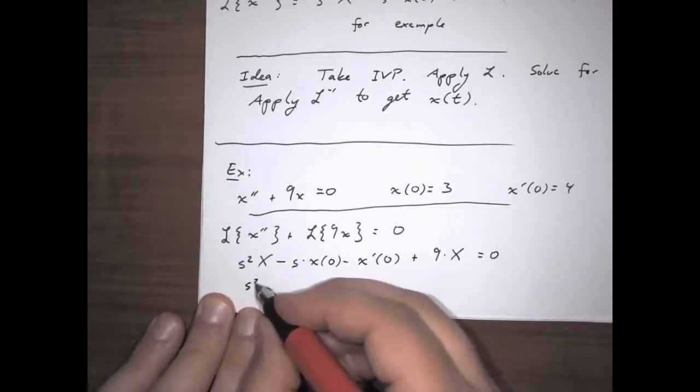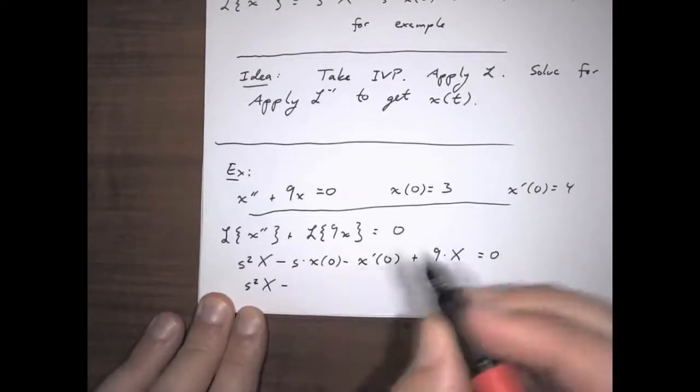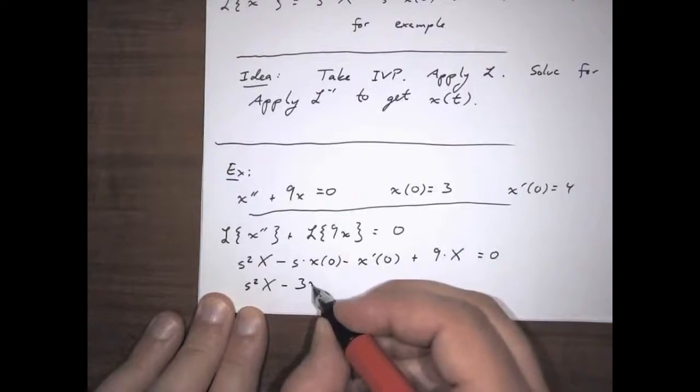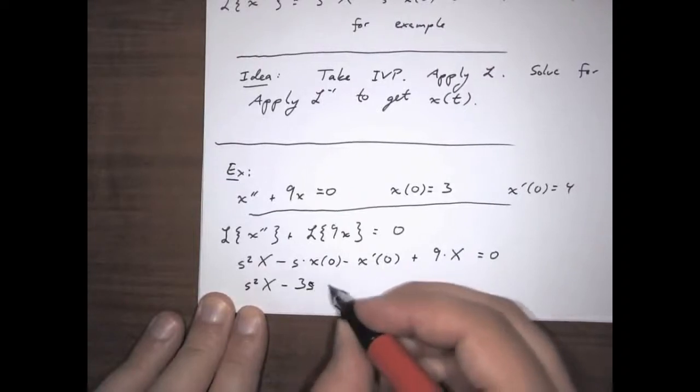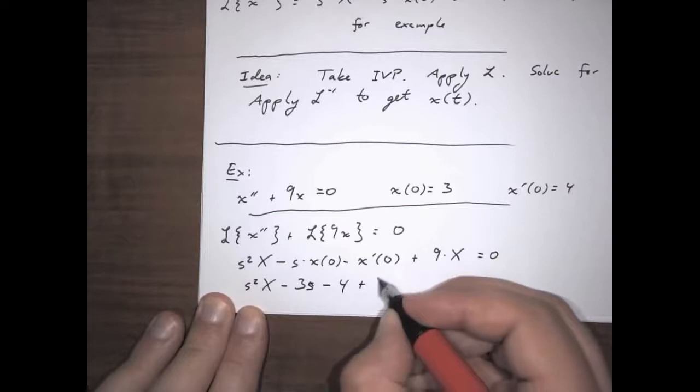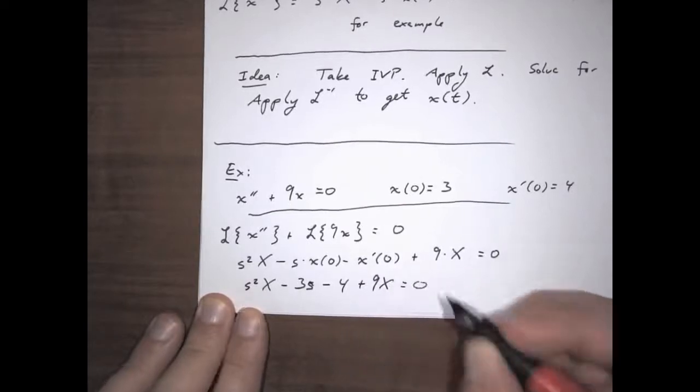So this is going to be s squared X minus 3s minus 4 plus 9X equals 0.